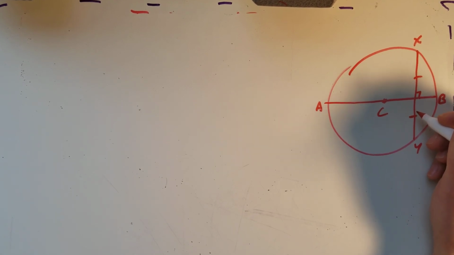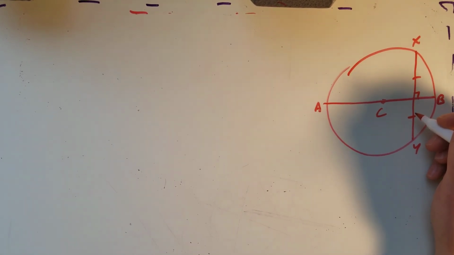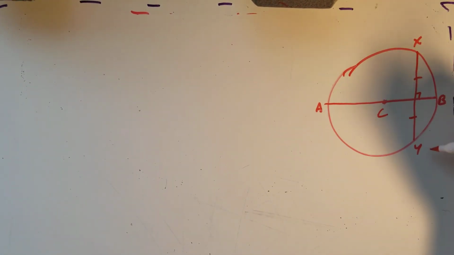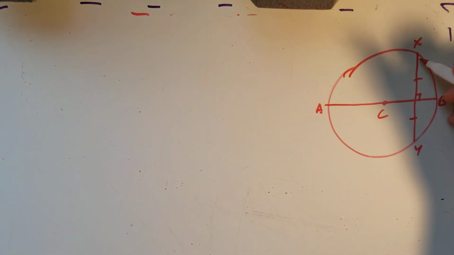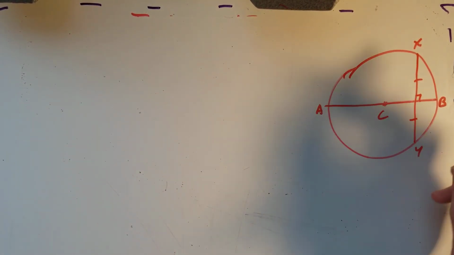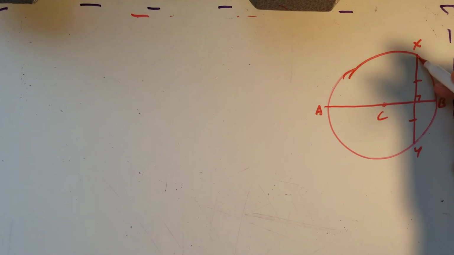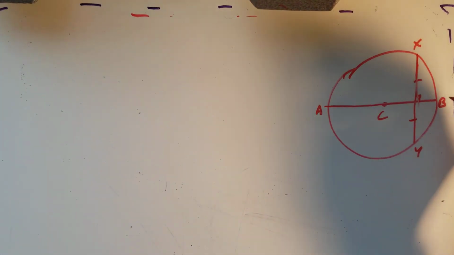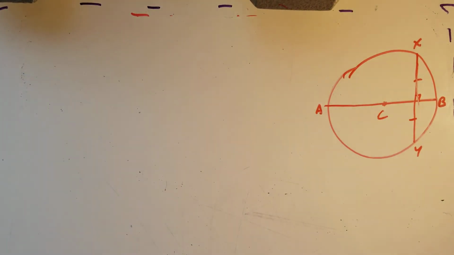So this says the perpendicular bisector of a chord is the diameter of the circle. So in this case, XY is a chord, and if we know that the chord AB is perpendicular and bisects XY here, then that chord AB is going to be the diameter of our circle.